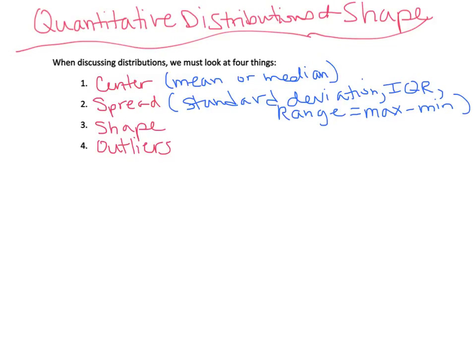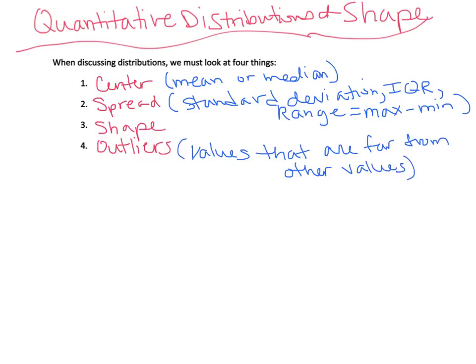The last thing is outliers. So outliers is going to be anything that is values that are far from all the other values. This is another one that we're going to discuss in detail in the next section.